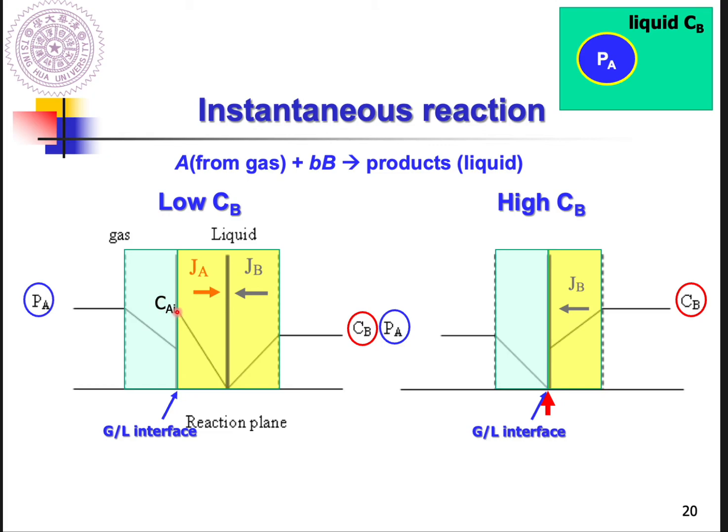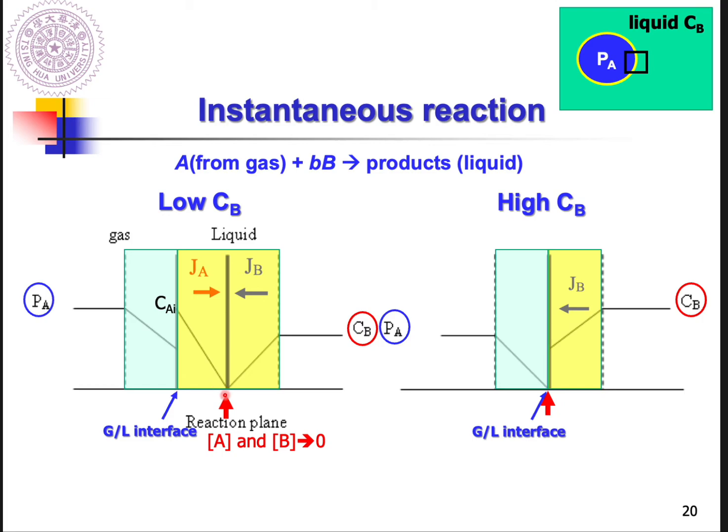Also A diffuses through the liquid film and reacts with B diffusing through the liquid film. And they will react, so you can observe the concentration drop to 0 for both A and B molecules because it's instantaneous.